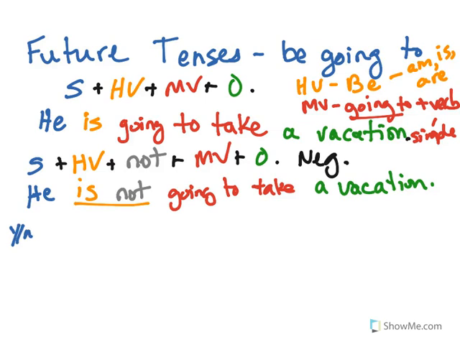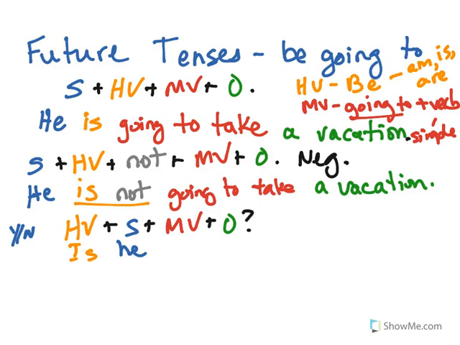Now if I do a yes or no question, I'll start this time with the helping verb, then the subject, then the main verb, and then my object. So I might say something like, is he going to take a vacation?